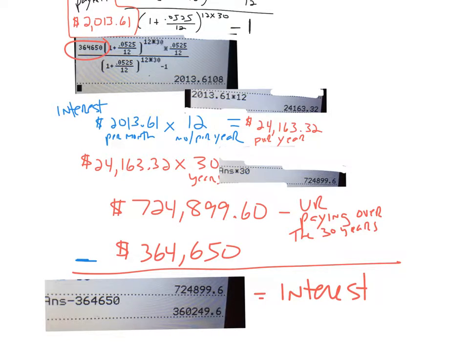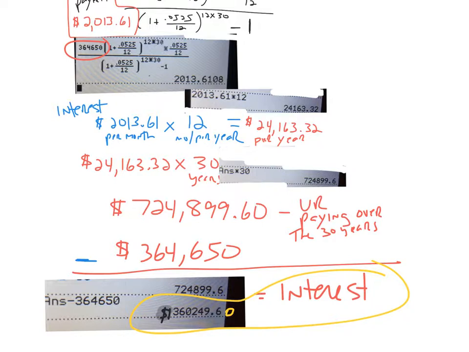So here in interest, you're going to be paying $360,249.60. So you take your monthly payment, multiply it by 12 and then by 30, and then subtract your M value, how much you're mortgaging.